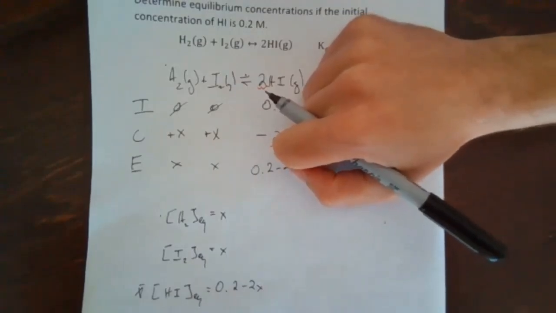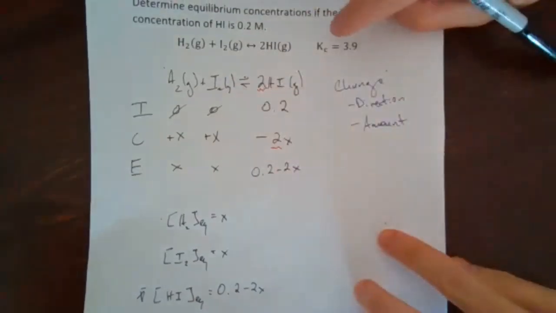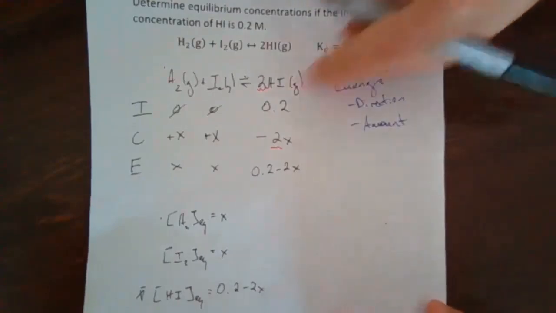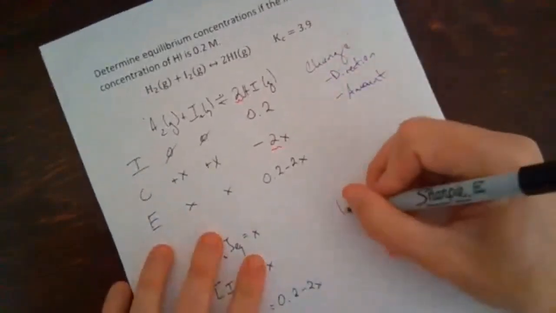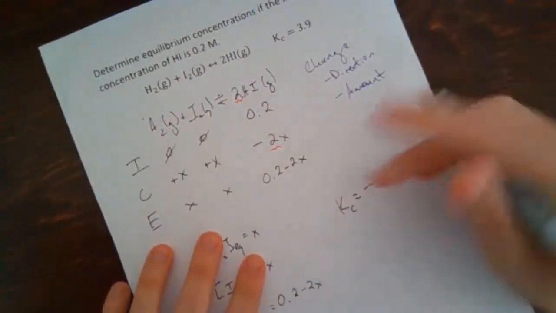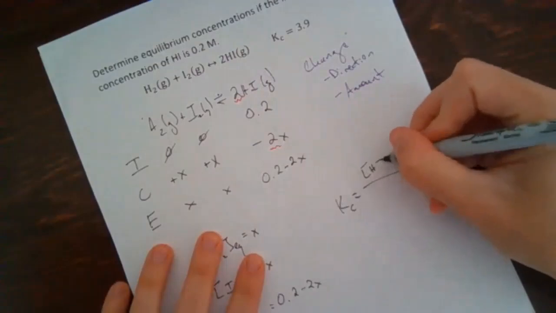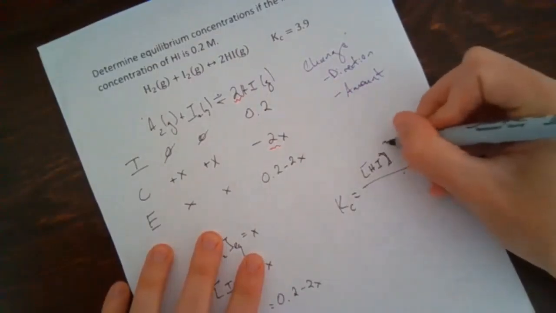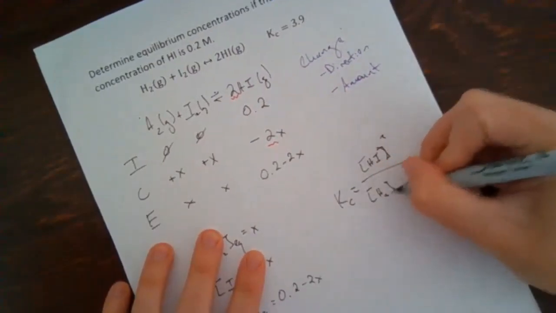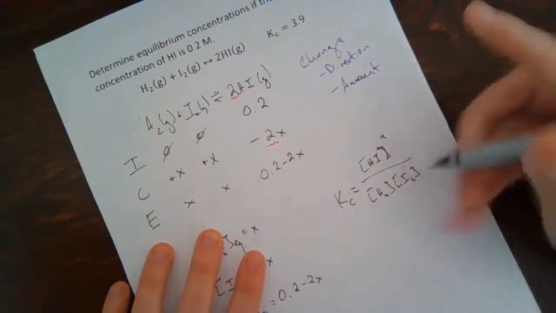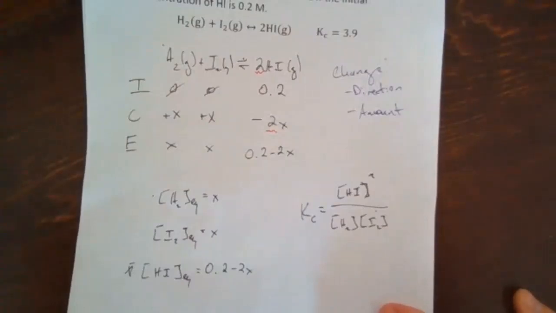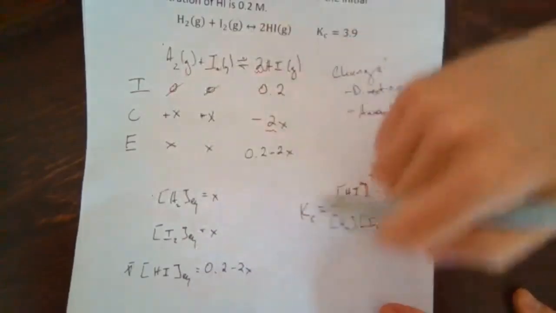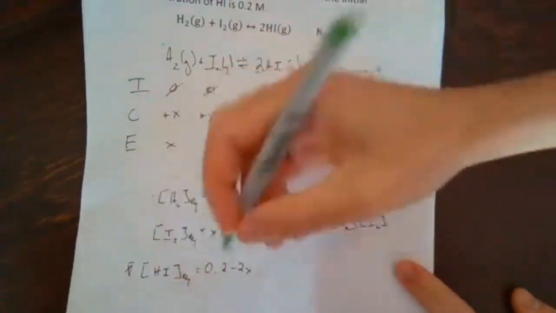So the question is, how do I solve it? And that's where Kc comes in. We know that these equilibrium concentrations are related to my equilibrium constant. I know in this case I can write it as products over reactants: the concentration of HI, squared, over the concentration of H2 times the concentration of I2. And what I can do is these are concentrations at equilibrium, so are these.